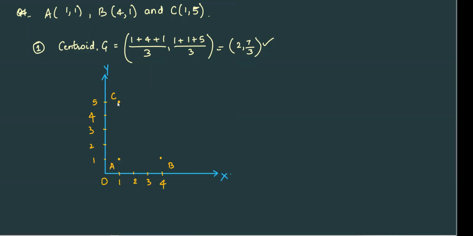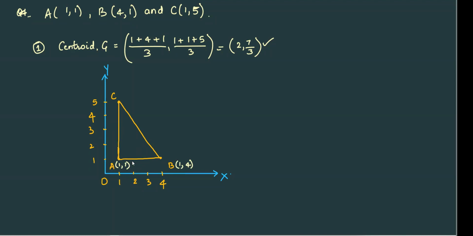So just the observation tells us that this is a right angle triangle, isn't it? This is parallel to the x-axis because this is (1,1) and (4,1). I'm sorry, not (1,4).